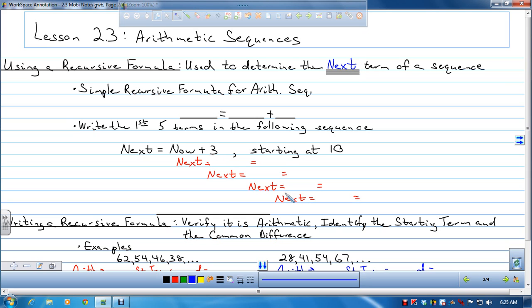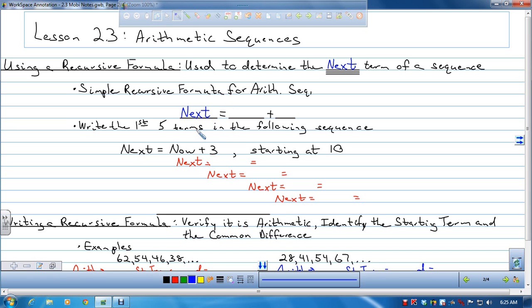So if we know a previous term, this is going to be a simple formula to find that next term. Okay, so this is simple and we call this a recursive formula. A recursive formula will allow us to find the next value.